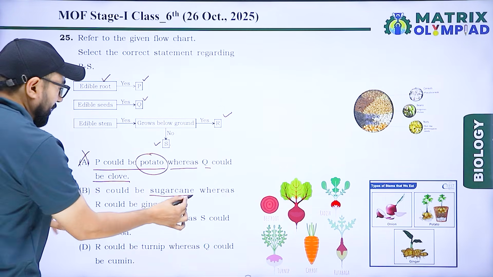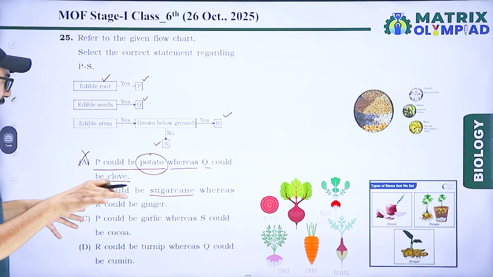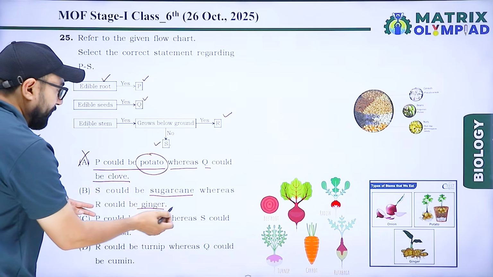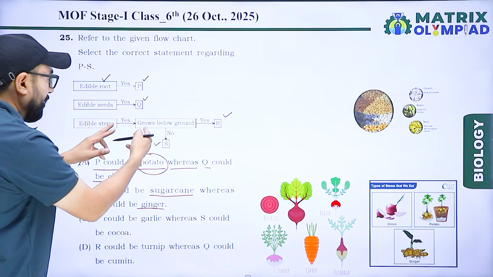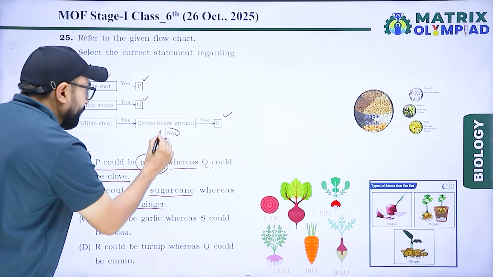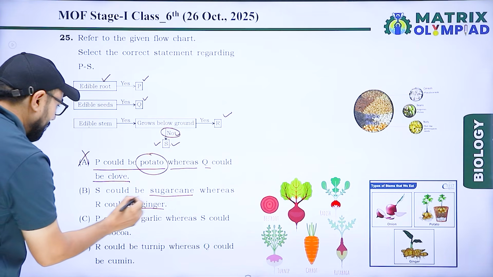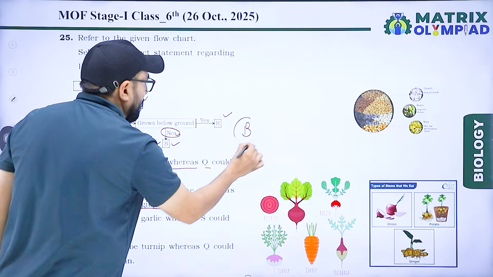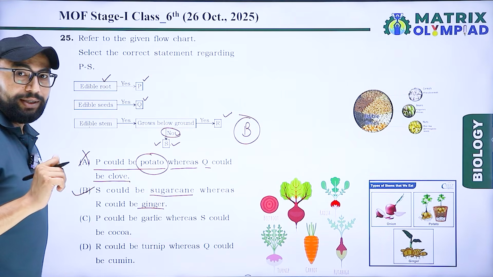Edible stem, yes, sugarcane is an example of stem. Grows below the ground, that is ginger, right? And if no, then S is sugarcane, right? Option B is right for this question.